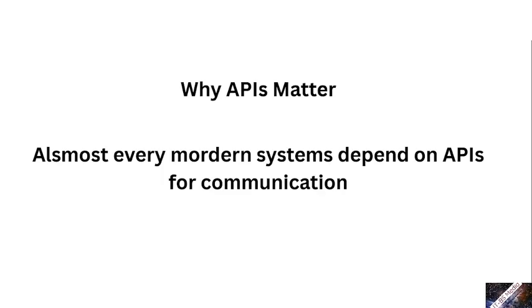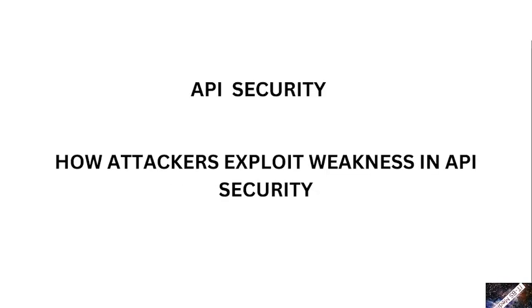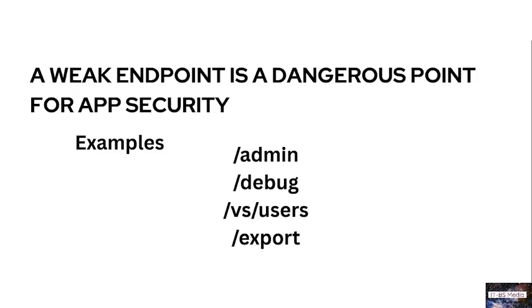So let's proceed to API security: how attackers exploit weaknesses in API security. The first thing we're looking at here is a weak endpoint. A weak endpoint is a dangerous point for application security.